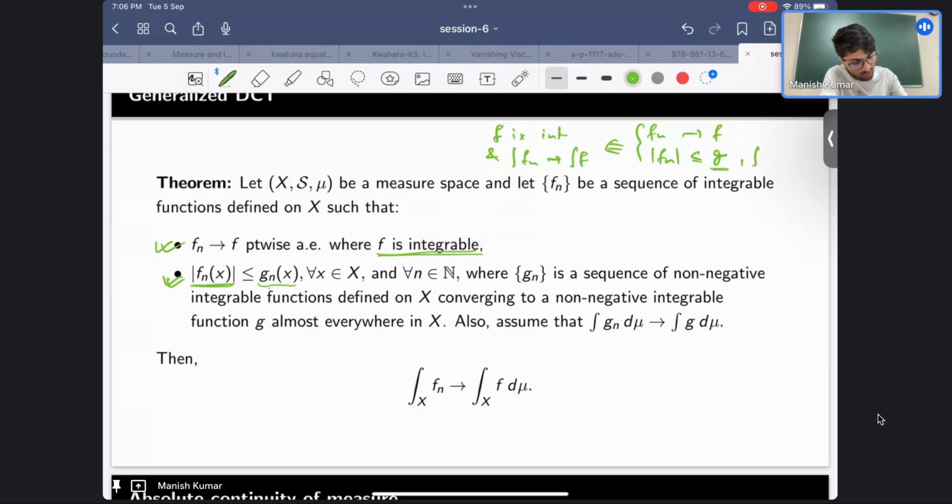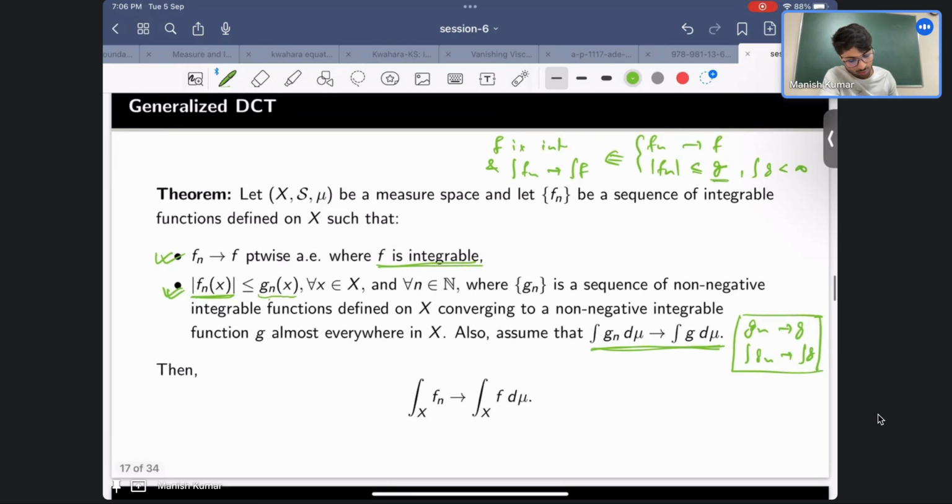Here you are saying that the modulus of f_n is bounded by g_n, where g_n converges to this non-negative integrable function g. And you also have to assume that the integrals converge: g_n converges to g and the integral of g_n converges to the integral of g. If you have both of these, then you can conclude that the integral of f_n converges to the integral of f. This is called the generalized dominated convergence theorem. I hope this statement is clear.